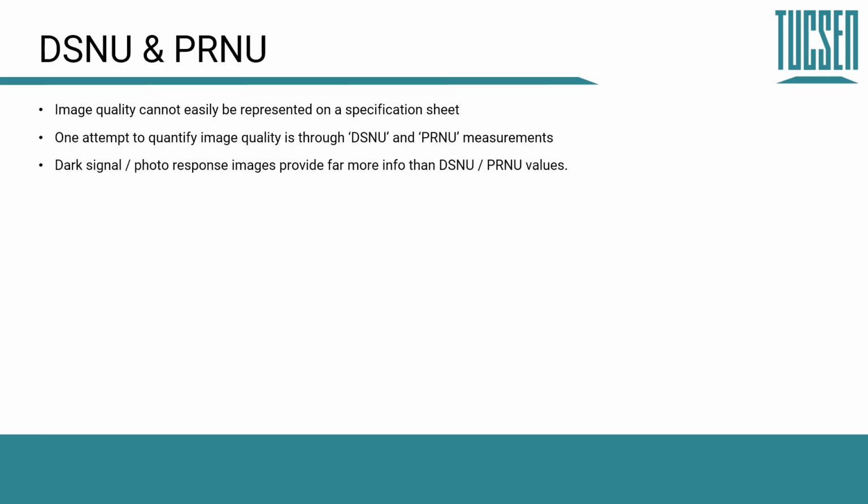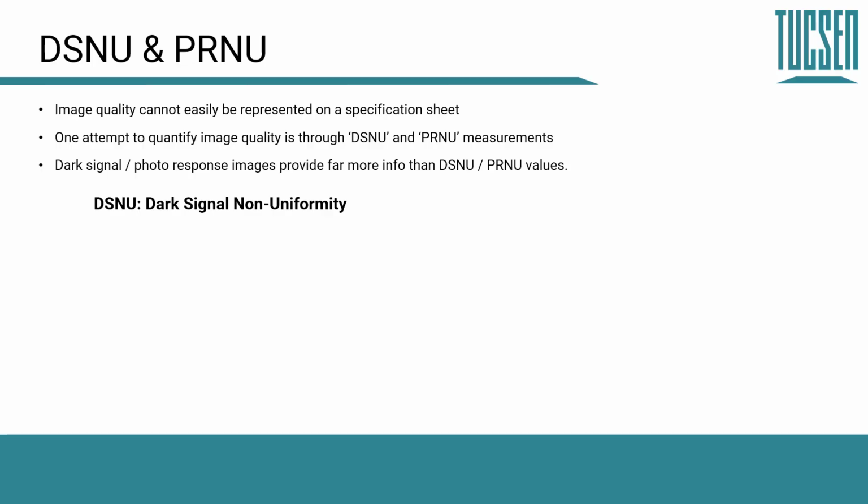One thing to bear in mind is that the DSNU and PRNU, which I'll define in a second, are simple numbers which attempt to tell a story about a far more complicated and multifaceted issue of patterns and artifacts. And they can only go so far.